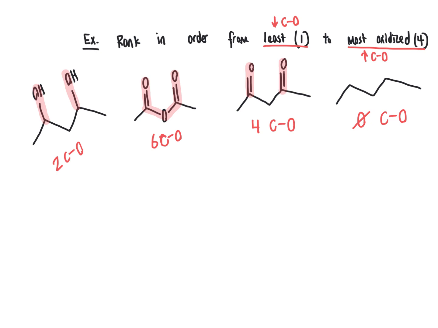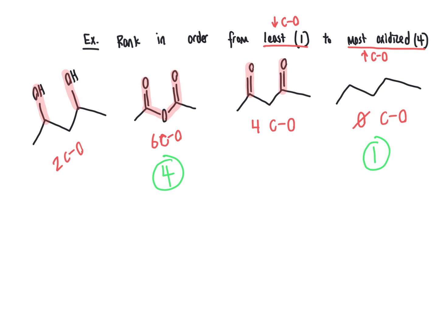Ranking these based on the number of carbon-oxygen bonds will allow us to plug in that our least oxidized molecule, the one that has the fewest number of carbon-oxygen bonds, is going to be the structure on the far right. So we'll put that in as number 1. Most oxidized is going to be number 4. That would be the one here that has 6 carbon-oxygen bonds. And then in the middle, we have 2 carbon-oxygen bonds here versus 4 here.